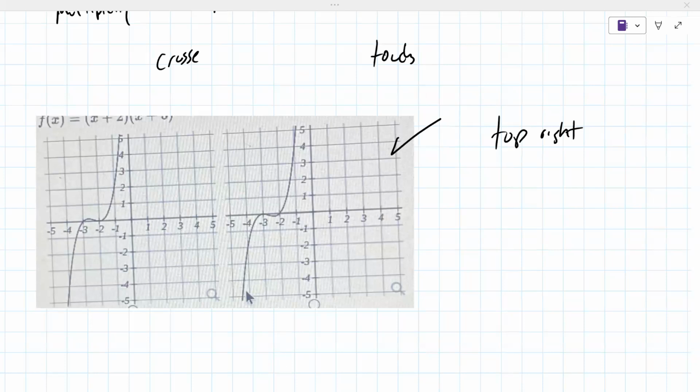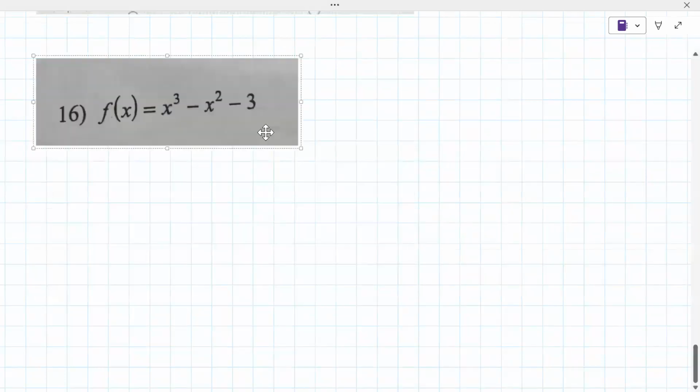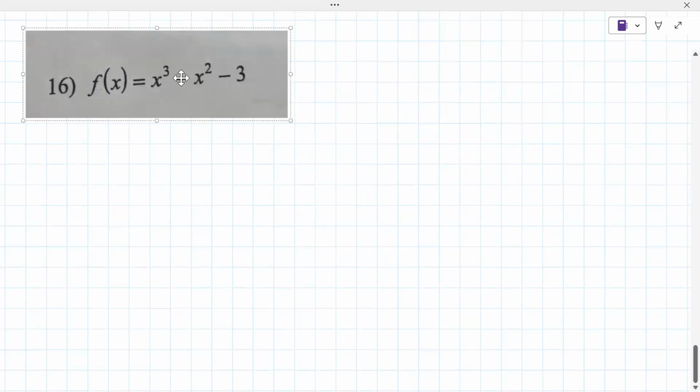Let's do 16 first, and then we'll look at some other problems here. All right, here we go.